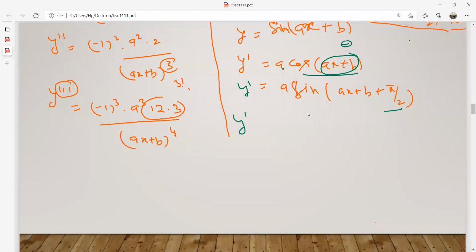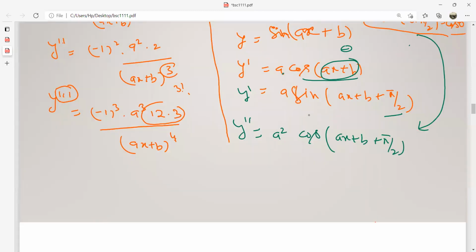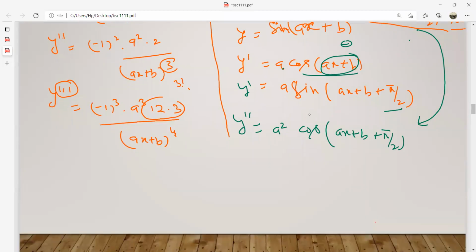So again, what we find here: a into a is a square. Again, cos ax plus b plus pi by 2. Again using this formula, pi by 2 is added here.